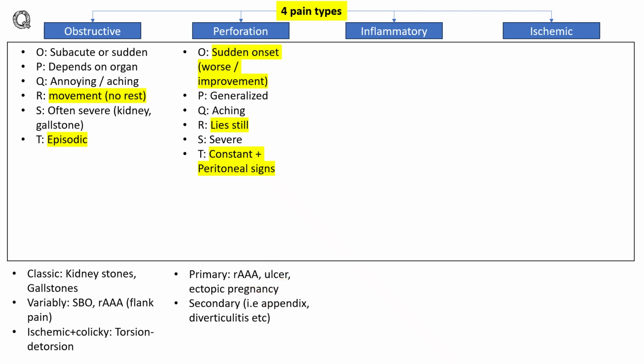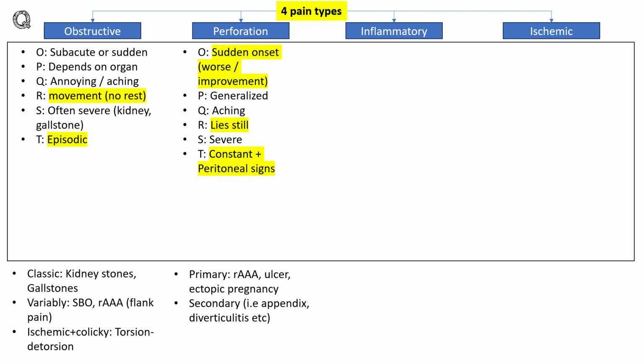Usually it's more other organs, like ulcer, ectopic pregnancies, or it can be secondary, like part of the inflammation process where it suddenly just bursts. The appendix just bursts suddenly. Sometimes, paradoxically, it will make your pain go away. And sometimes you get this sudden pain when it bursts into the abdomen, and you'll have this peritonitis.